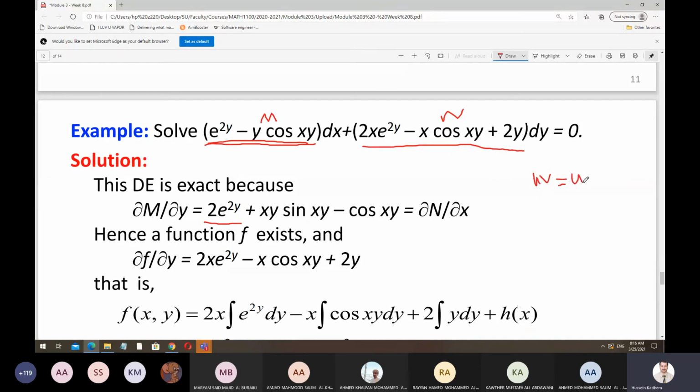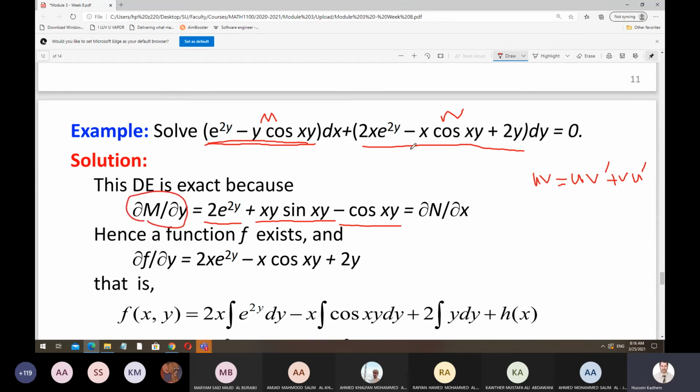When you differentiate, it will be uv dash plus vu dash. So I differentiate first the cosine. It will be minus x sine xy multiplied by y. So I reach here. And I differentiate y, it will be 1, so it will be directly minus xy. Now this is partial M over partial y.